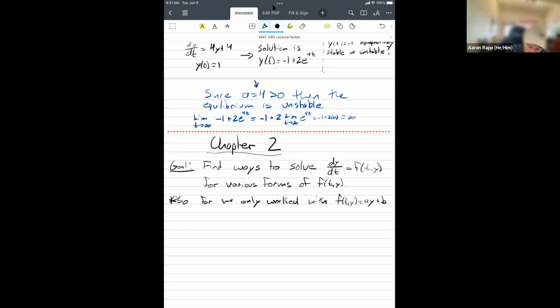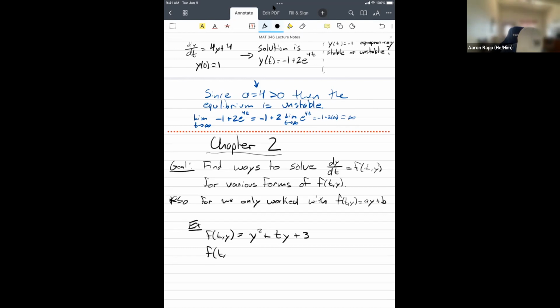We could do f of t comma y is equal to something like this: my solution squared plus my independent variable times my solution plus 3.